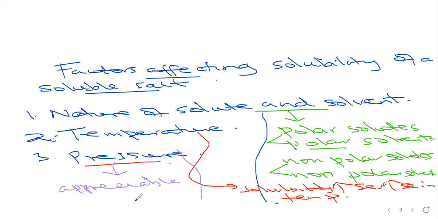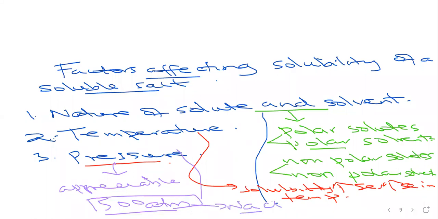And it's also in accordance with Le Chatelier's principle. For example, experiments on solubility show that if you increase pressure to about 500 atmospheres, the solubility of sodium chloride is increased.